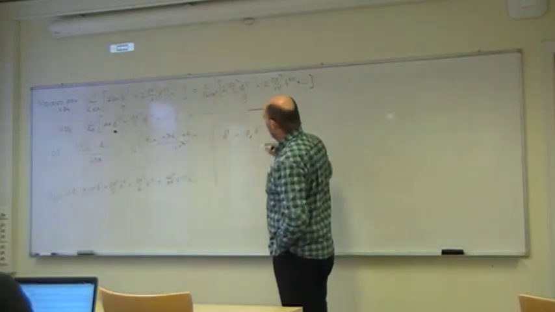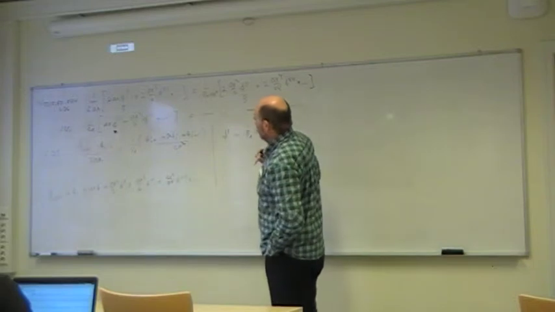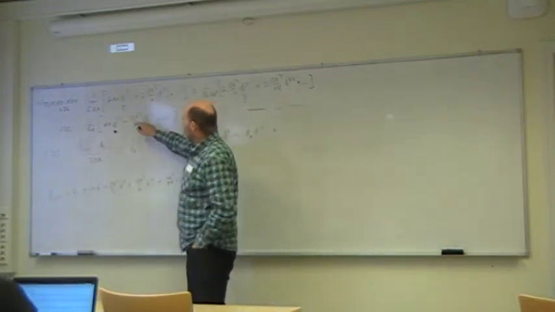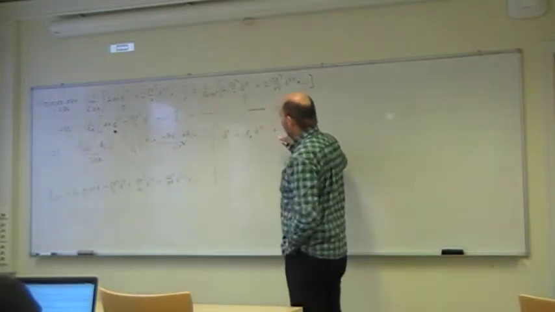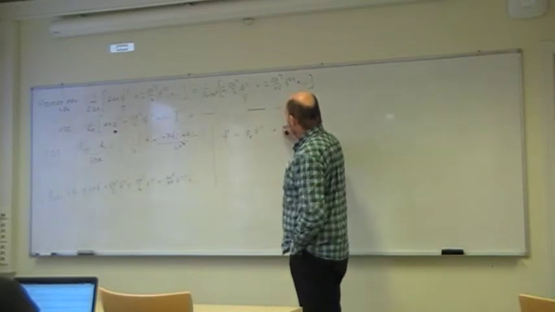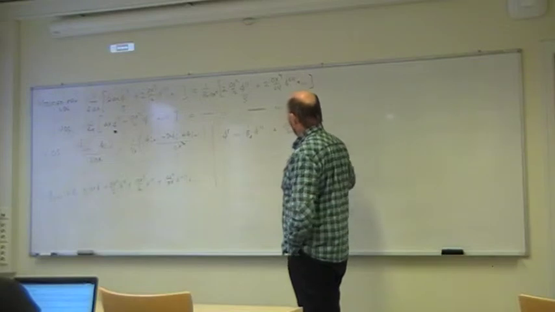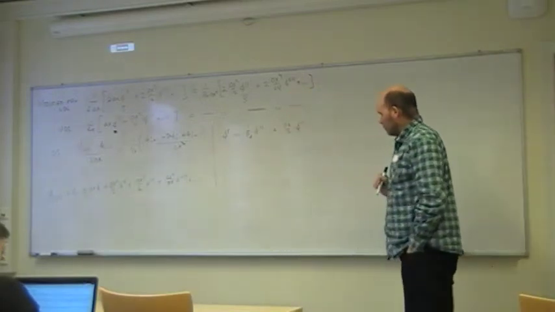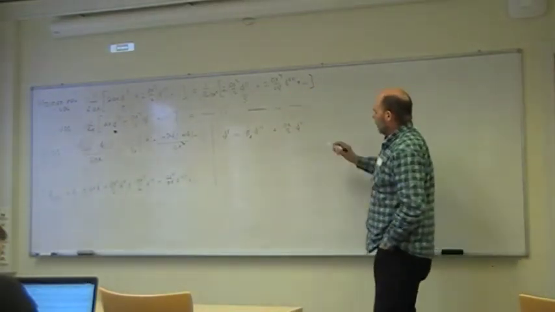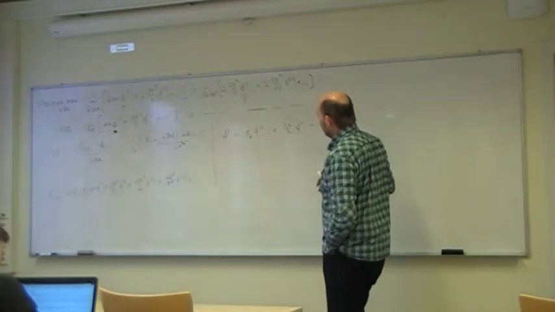I will have plus, and what will it be? It will be delta x half, delta x half phi double prime, and then higher order terms as well.